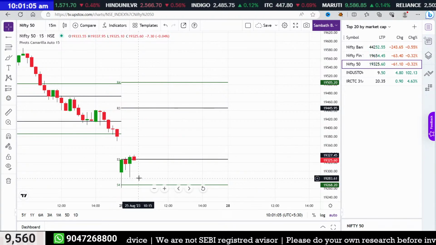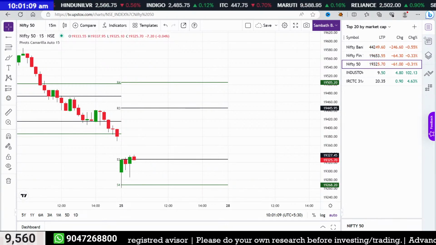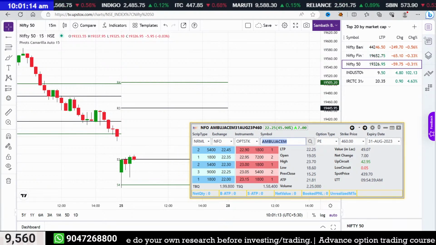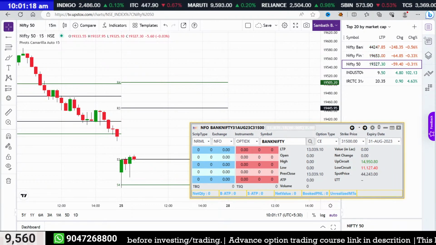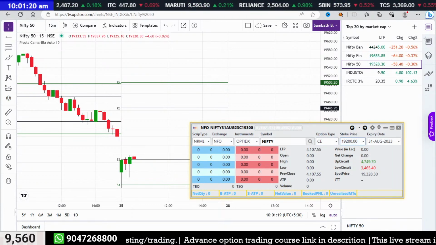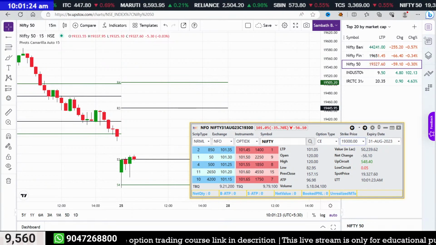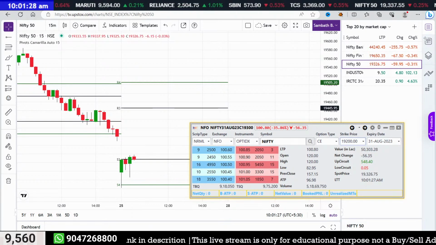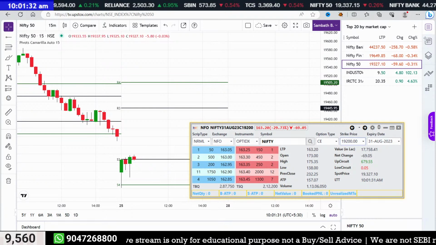The lower level is around 19,284. So near about 100 rupees, 160. Maybe this is the premium you can look for.